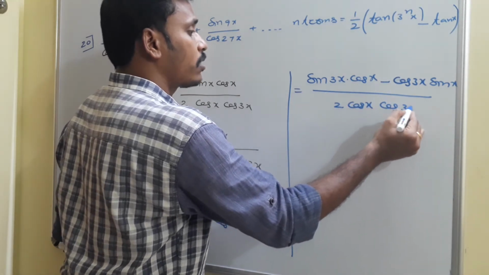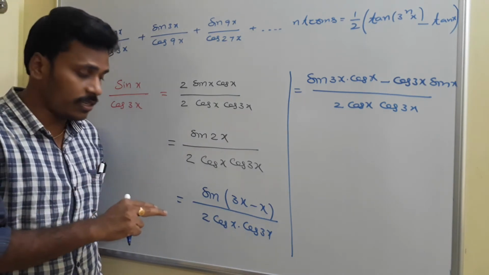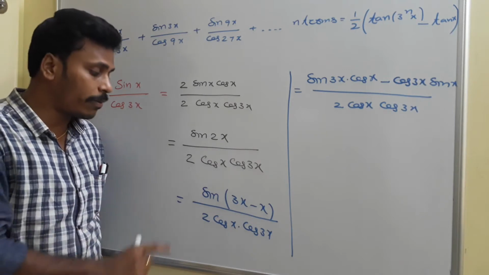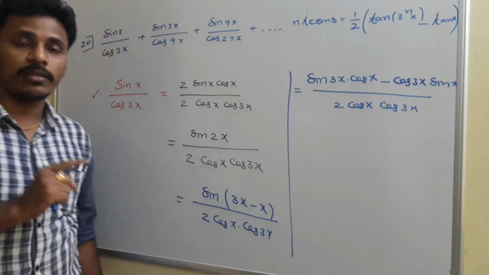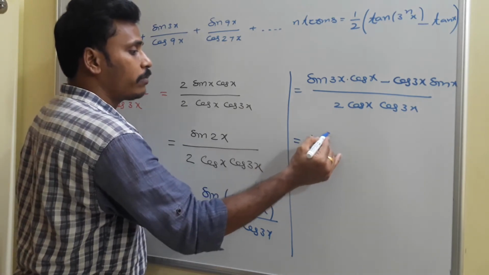Everybody just follow here, okay? Sin of 3x minus x is sin a cos b minus cos a sin b divided by 2 cos x cos 3x. Now you just separate these two, with 1 by 2 times.